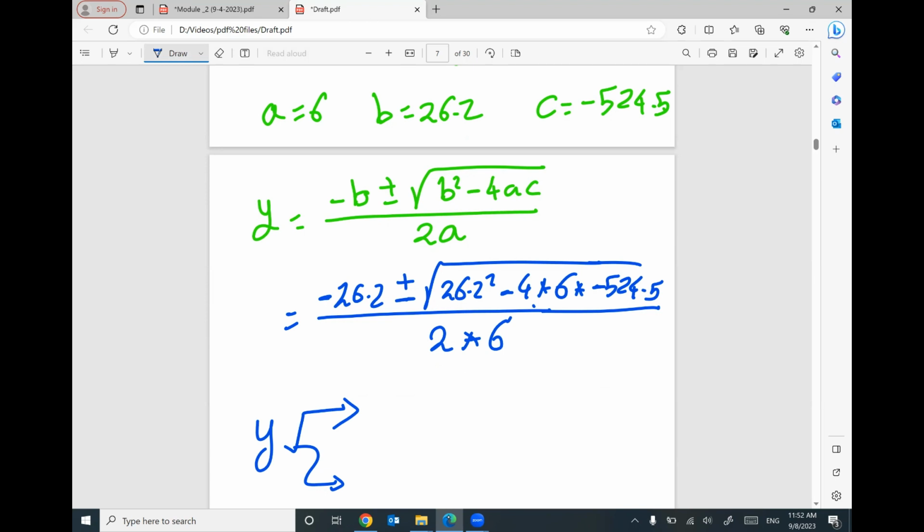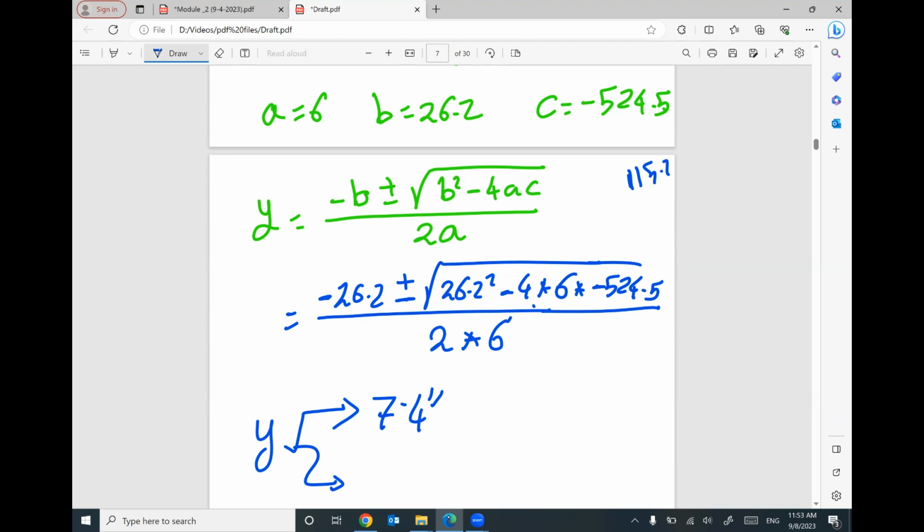Just a moment. So 26.2 squared, minus 4 times 6 times negative 524.5, under the square root, and negative 26.2, divided by 12. I got 7.4 inches, and I have another value.